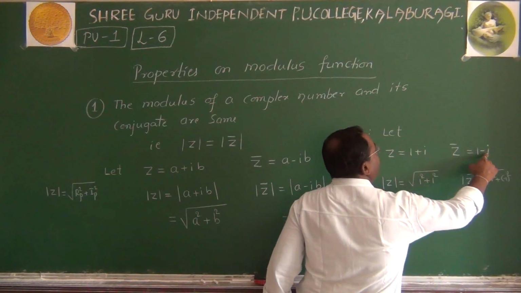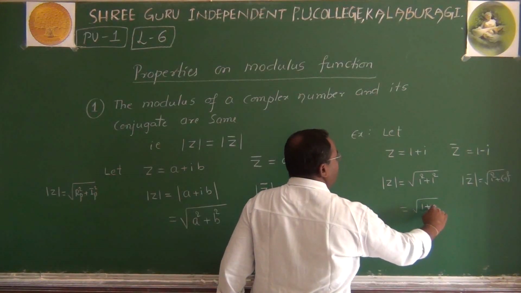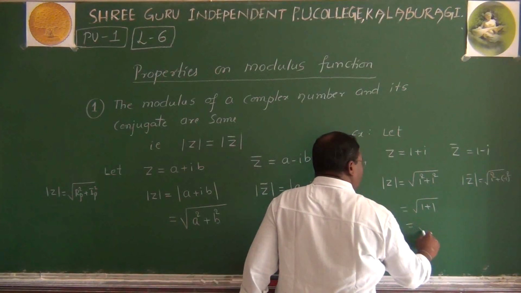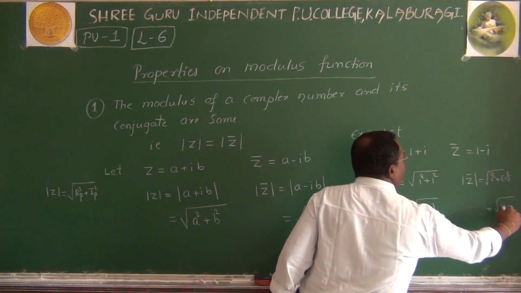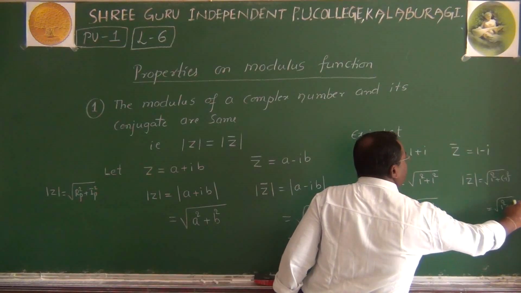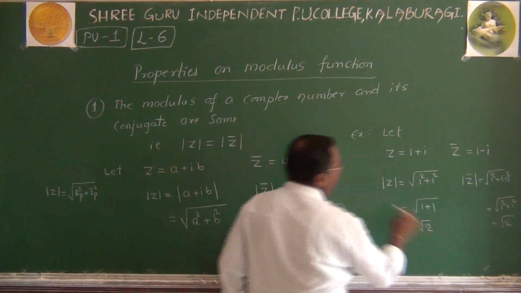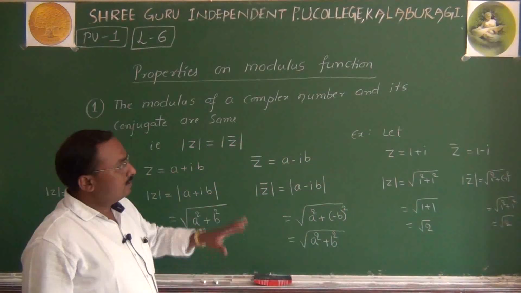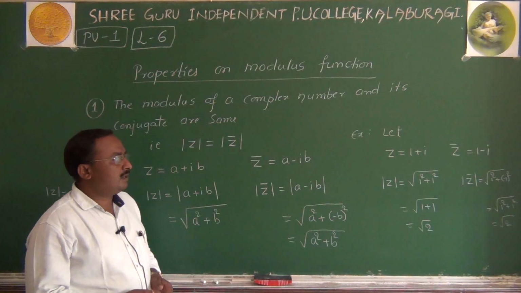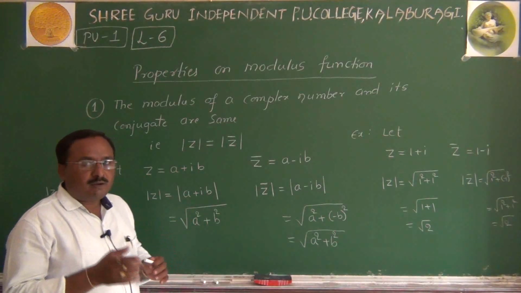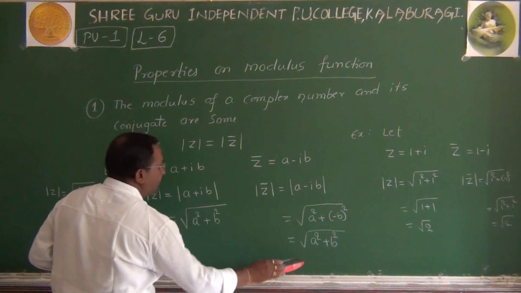The real part is 1, the imaginary part is minus 1. 1 square is 1, 1 square is 1, 1 plus 1 is 2. The value is root 2. Both are same. For the modulus of a complex number and its conjugate, both are same.